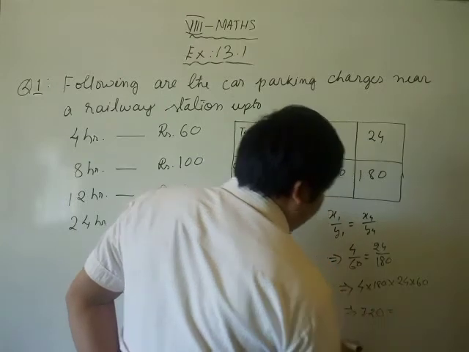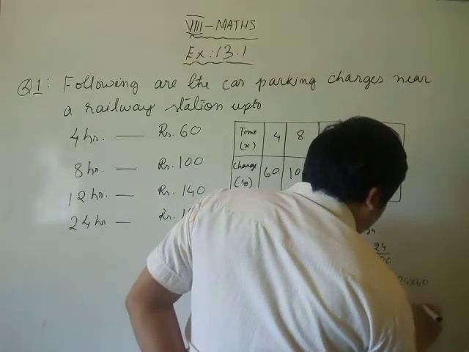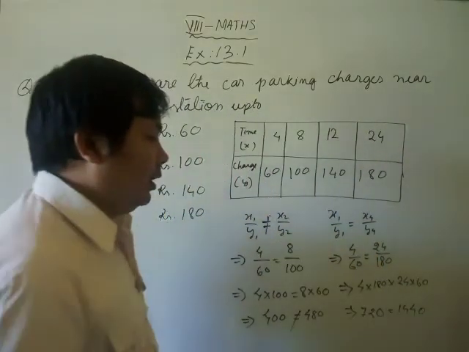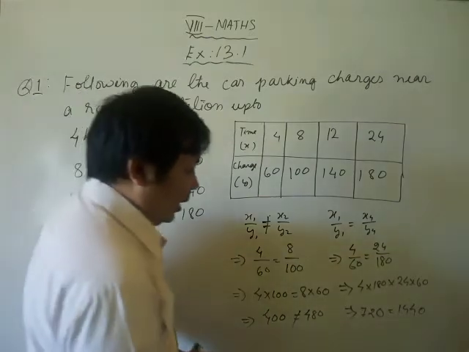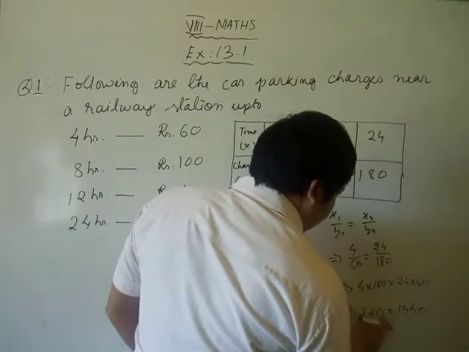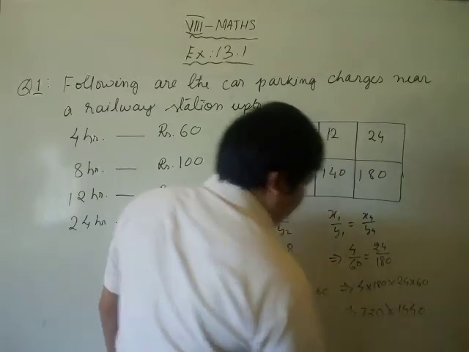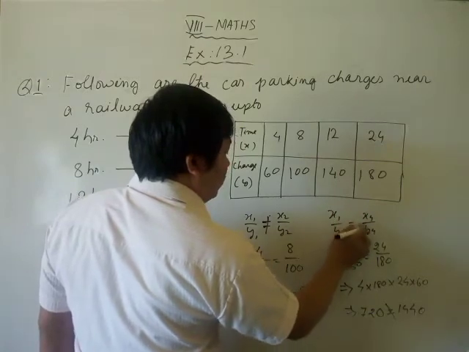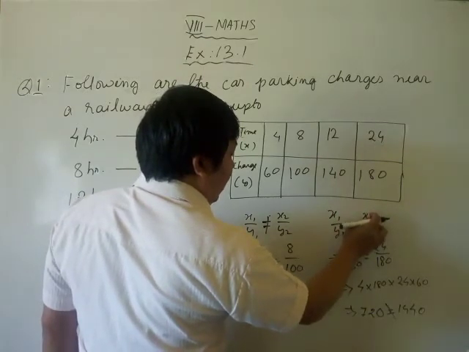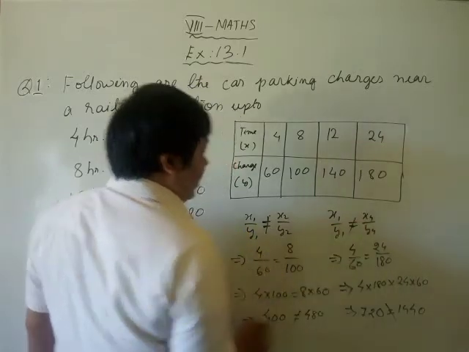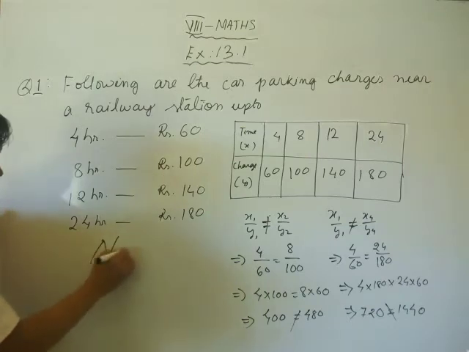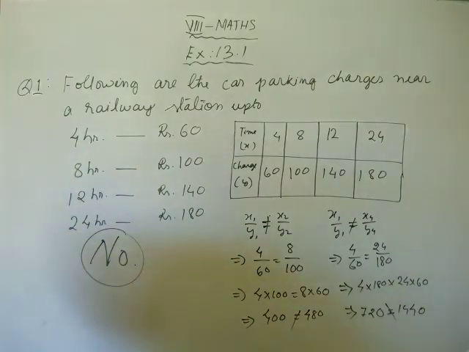Here you see 6 4s are 24, 2 here is 24. Absolutely not. They are not equal, isn't it? So they are not equal. That means they are not proportional. Again, x1 by y1 is not proportional to x4 by y4. That means the given values are not proportional. That means the answer is a big no. Okay, so let us go to the next question.